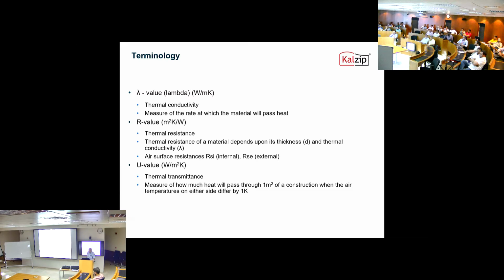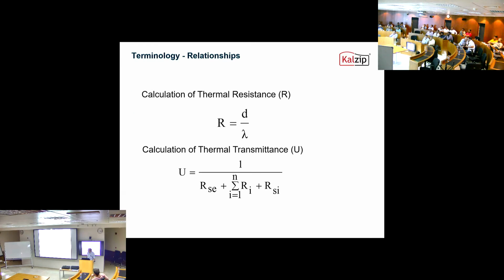U value, in watts per metre squared Kelvin, is the thermal transmittance. And that's basically the measure of how much heat will pass through a metre squared of a construction when the air temperatures on either side are different.